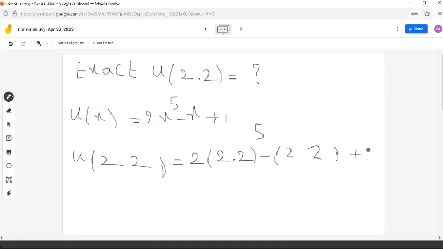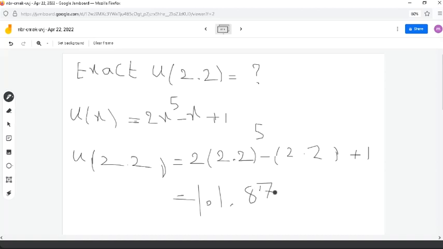And the result is 101.87, or 7, I think, 87.